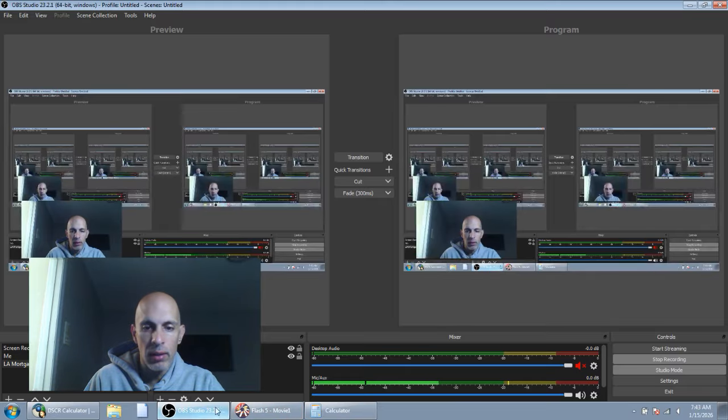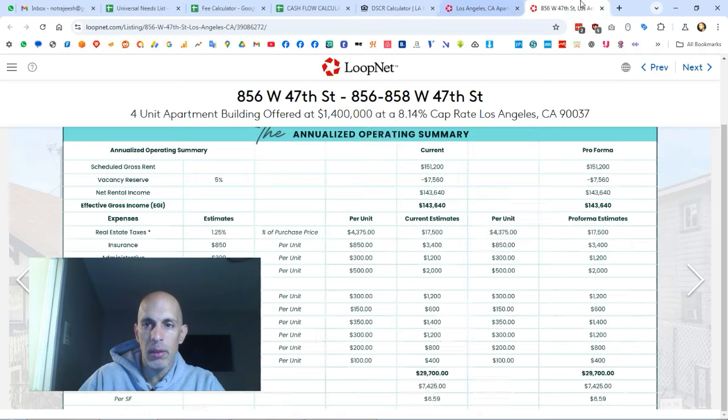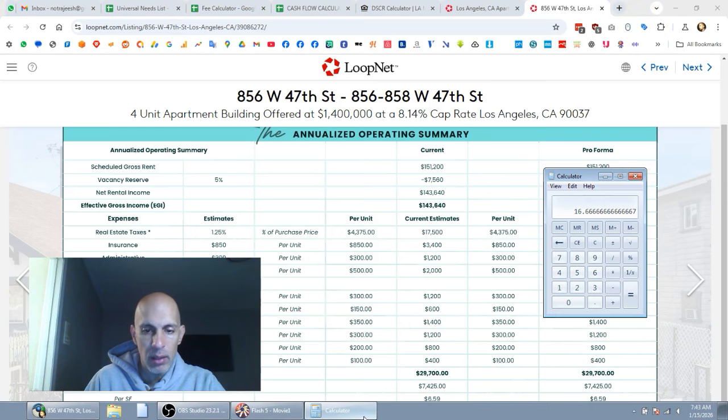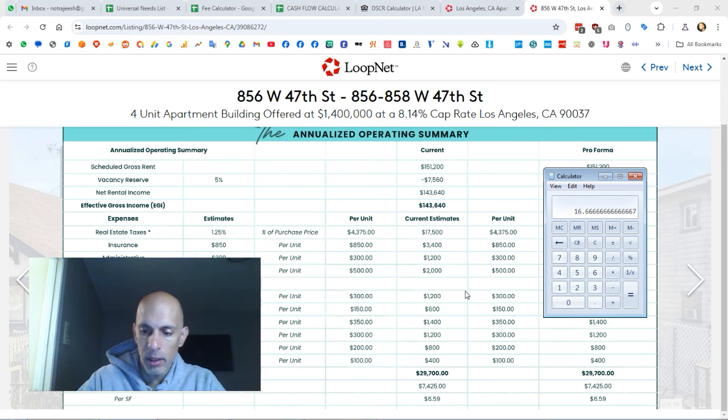And let's see if these numbers make sense, okay? So we're going to take this gross income right here, 151,200, and subtract it from 29,700. 29,700 minus, oops, let's start that again, 143,640 minus 29,700.